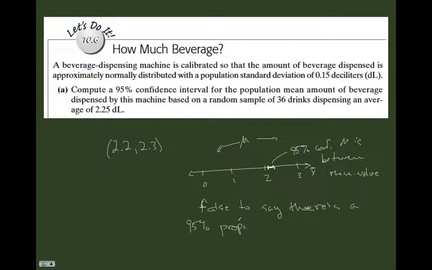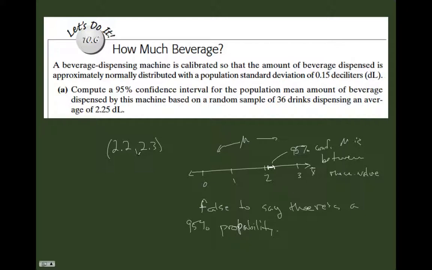And part of this is because the probability that the true mean is in here is either 0 or 1. Because in fact, the mean is either in between these values or the mean is outside of the interval. It's one or the other. Once you have the interval calculated, it doesn't make any sense to say there's a 95% chance that the true parameter value is in the interval. So that's why we call it a confidence interval instead of a probability interval.